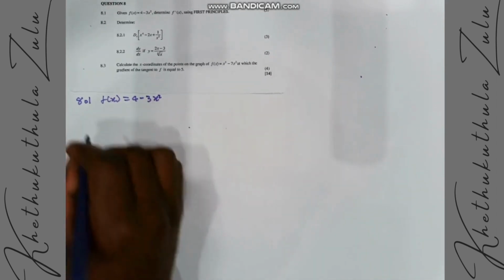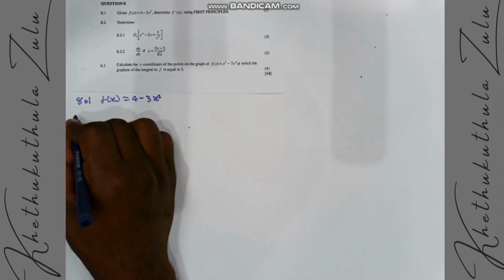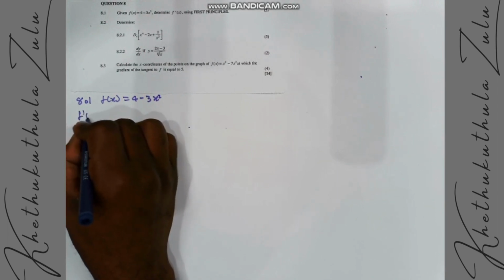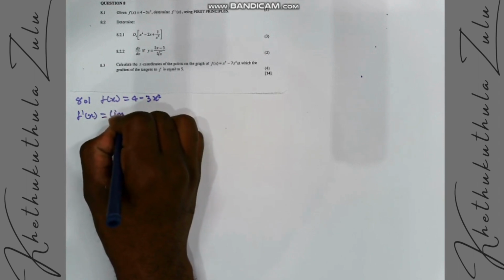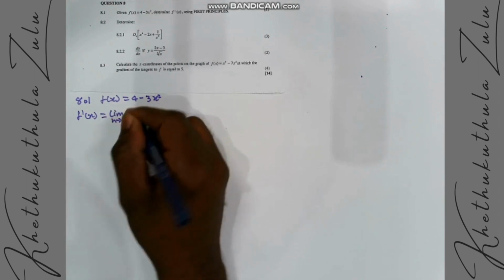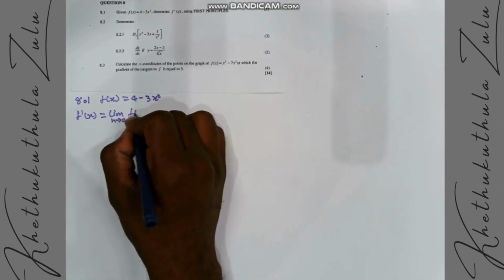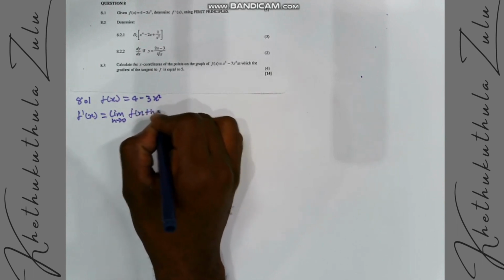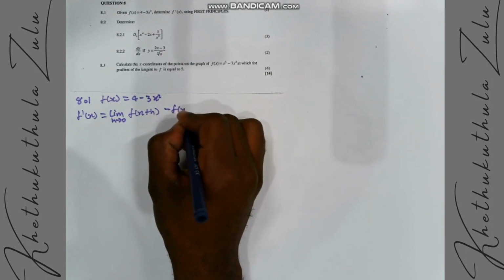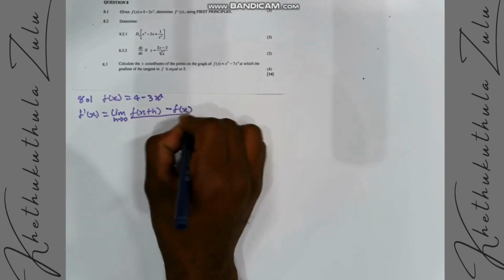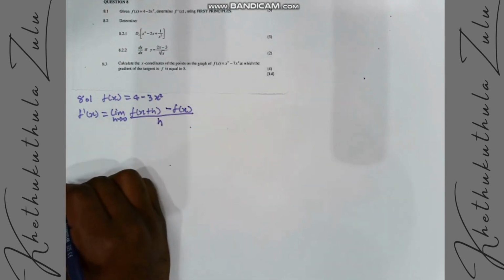From knowing our general equation, f prime of x is equal to the limit as h approaches 0 of f(x plus h) minus f(x), all over h.